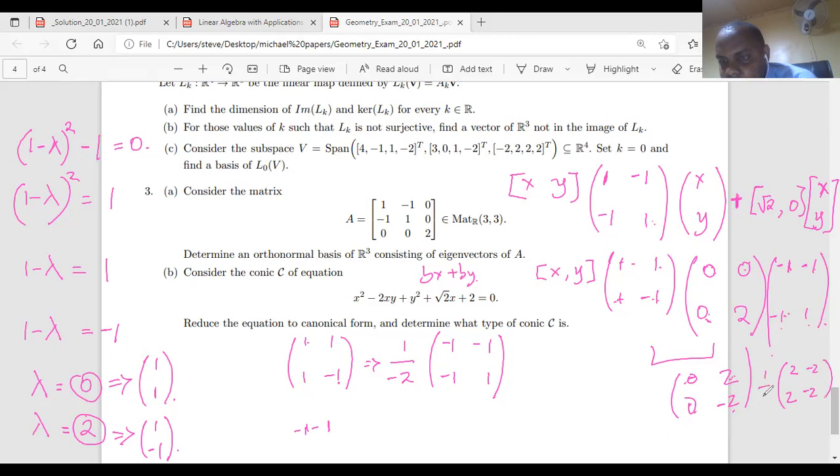And remember, we have 1 over 2 down there. So this is 1, -1, 1, -1. It's not the original matrix.